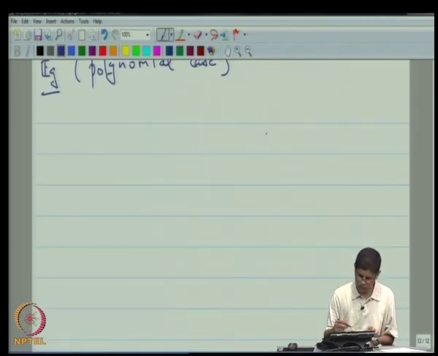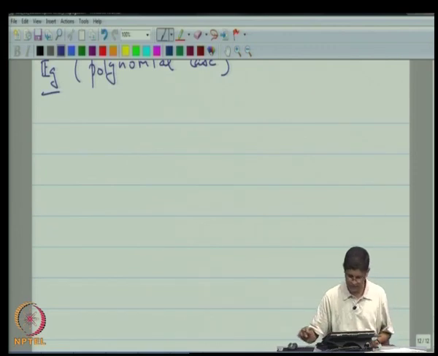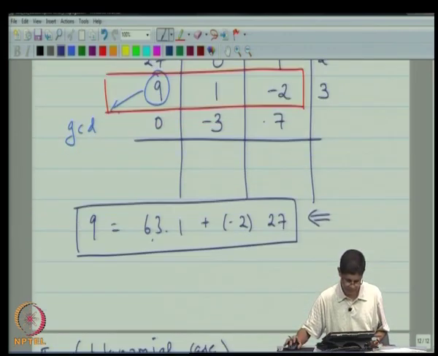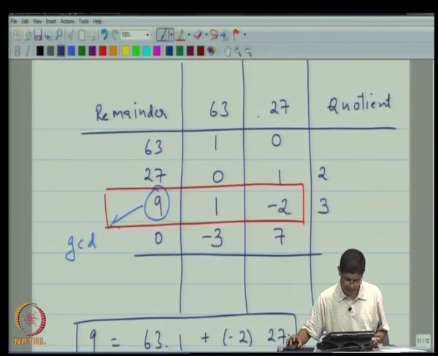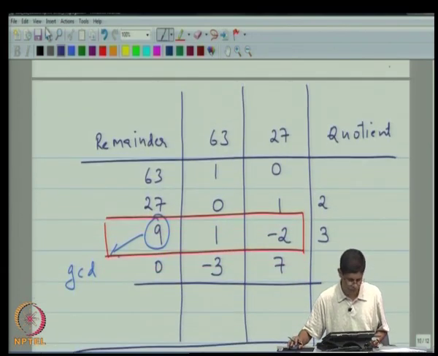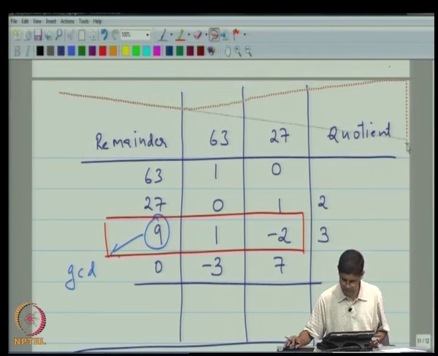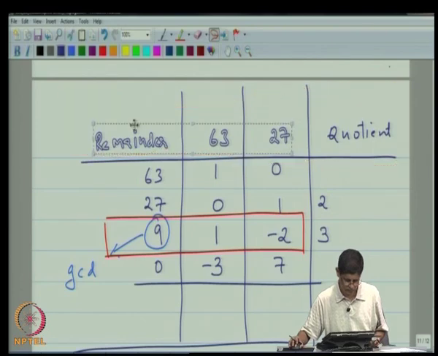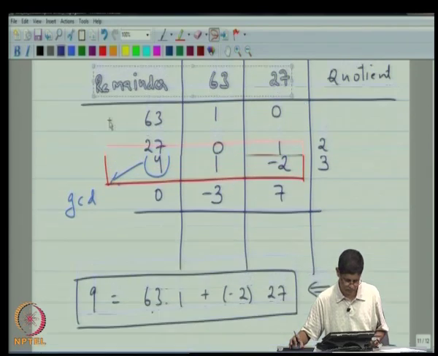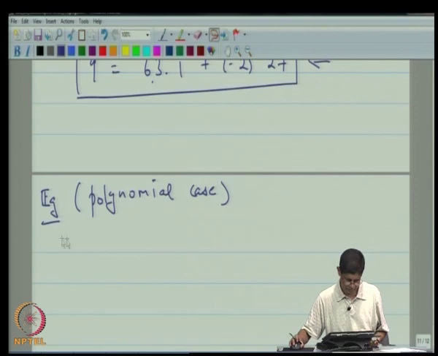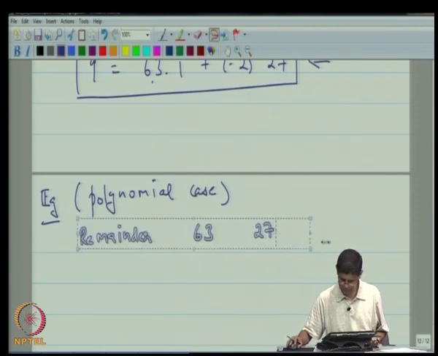So, let us first of all take the example of the code that we had just done earlier, and what I am going to do is just cut this out. Okay.